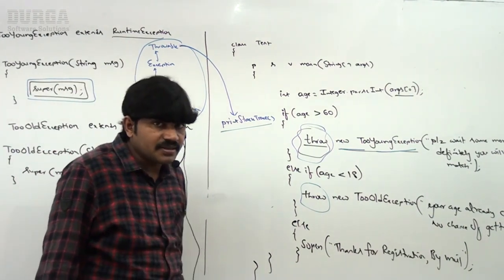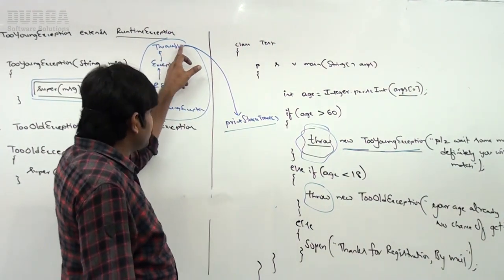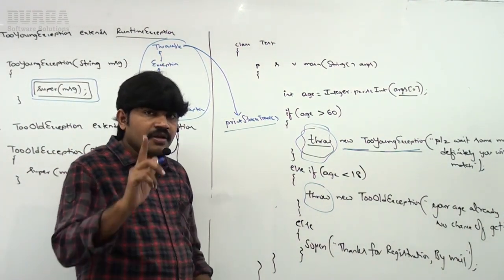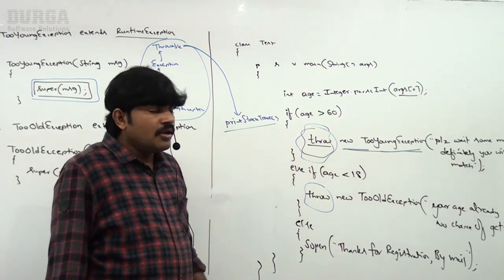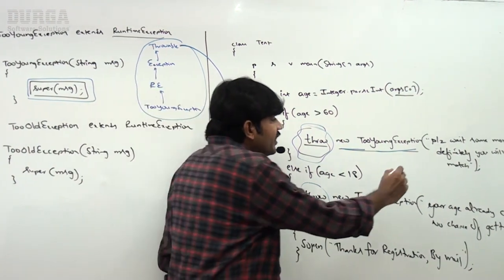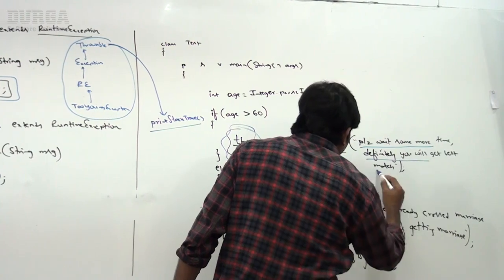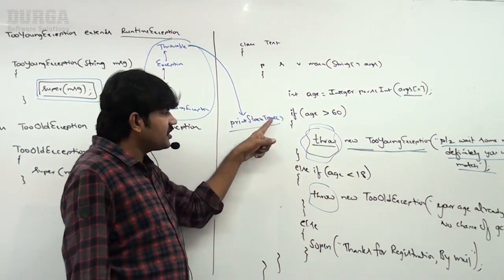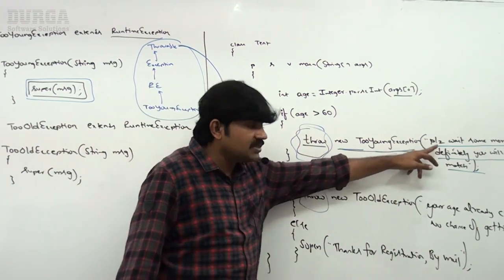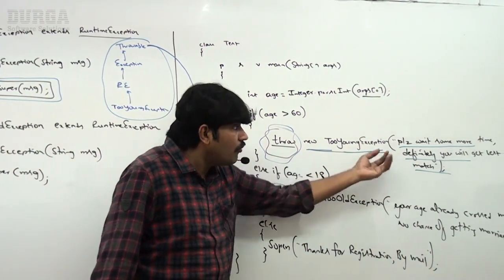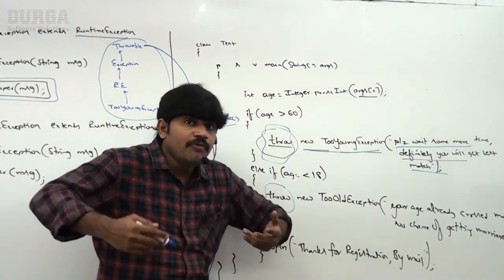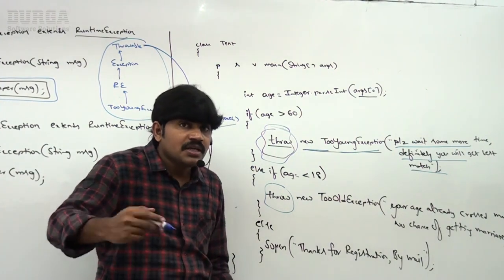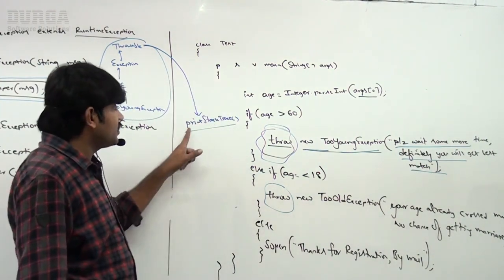Now my question is, how is your provided description available to the printStackTrace method? Because printStackTrace prints your description also. So how will your description be printed to the console? Is it available to the default exception handler?